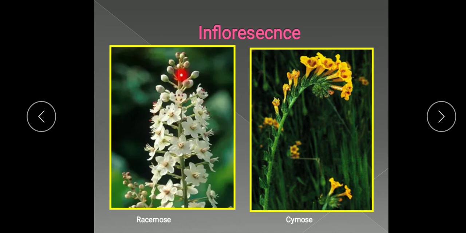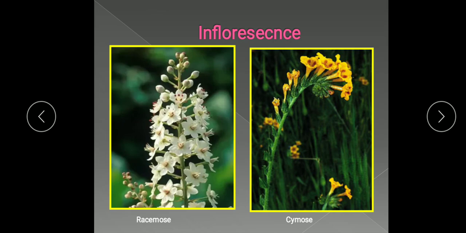This is known as indeterminate growth, and the order is acropetal. Acropetal order means the oldest flowers are at the base, at the lower side, and the youngest are at the upper side. So the oldest flower is the lowest one and the youngest is at the uppermost. The number of flowers is theoretically unlimited.